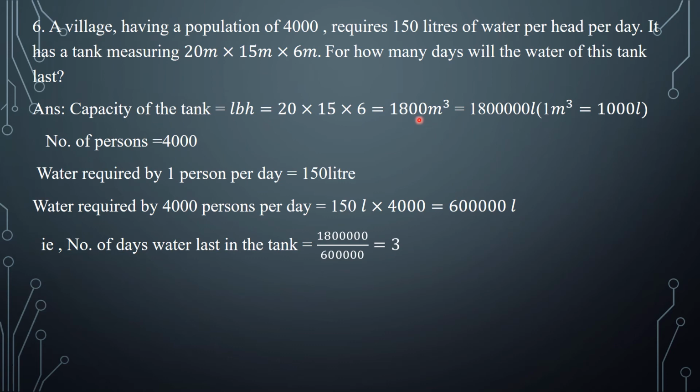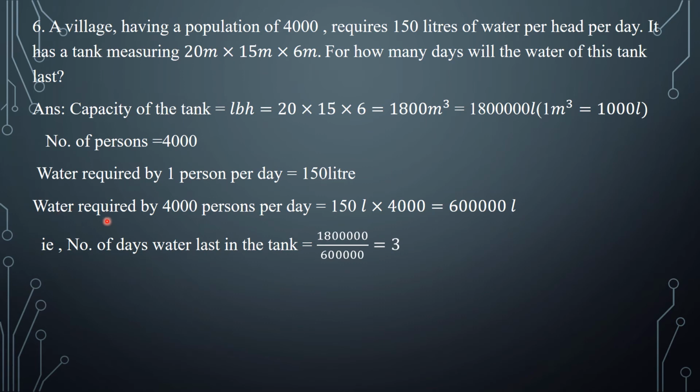When converting into liters, we can say it is 18 lakh liters of water. This 18 lakh liters of water is used by 4,000 persons in the village. And water required by one person in a day is 150 liters.